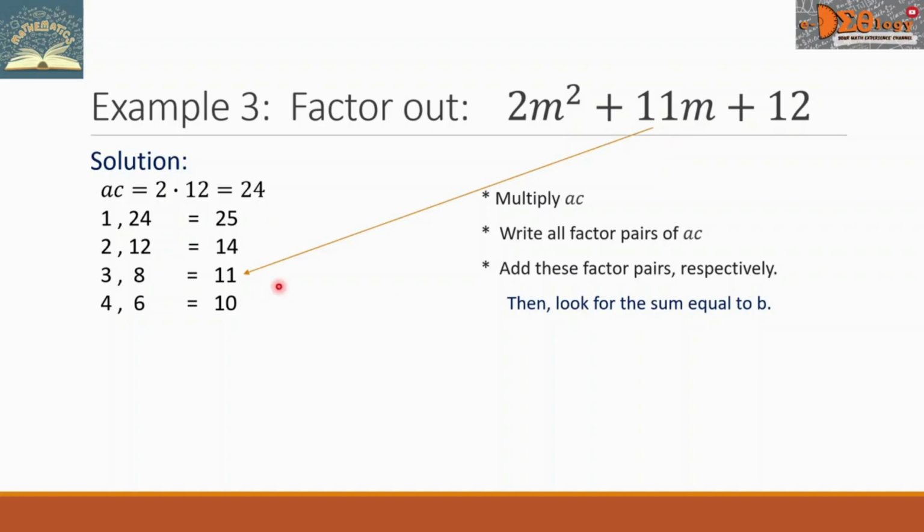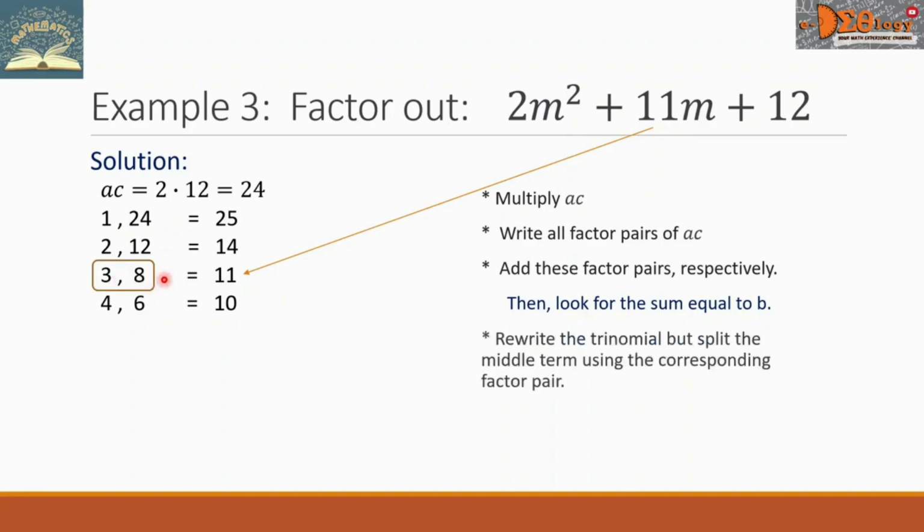Thus, the factor pair that we need is the 3 and 8. Now we're going to rewrite the trinomial, but split the middle term using the corresponding factor pair. So the 2m squared is here, the 11m becomes 3m plus 8m, and the plus 12 we copy down here. So from trinomial, it becomes polynomial.